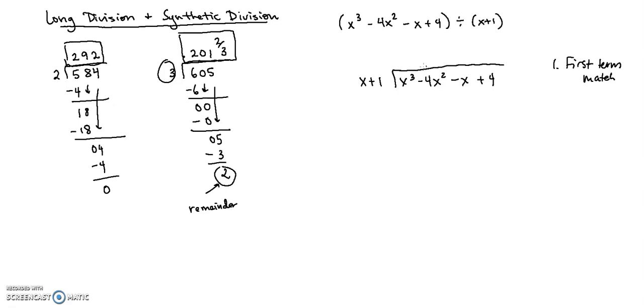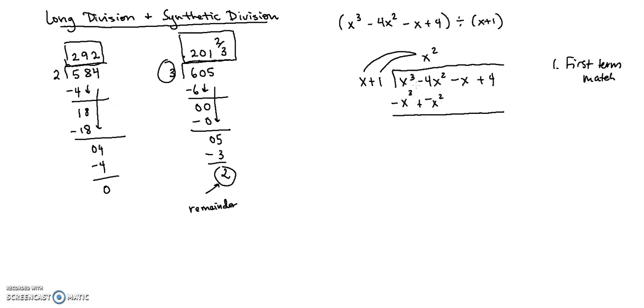So to get from x to x cubed, I need to multiply by x squared. X squared times x gives me the x cubed that I need. Okay, I'm going to multiply here, so I get x cubed plus x squared. So first term always has to match. Then you subtract. Make sure that you subtract all of the terms.